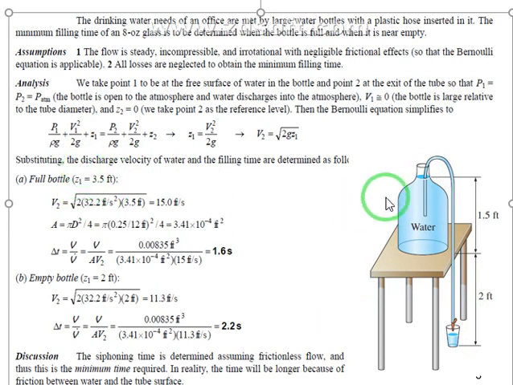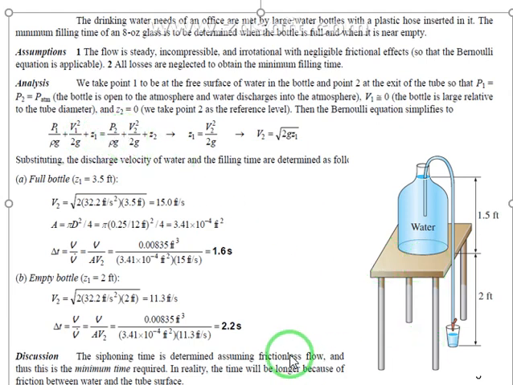Nice. V1 will be almost zero. There is no velocity. As I told you, when the water is flowing out from a big water body through a small pipe or a nozzle or a hose, whatever, we can say the water velocity at the water body is gonna be zero.